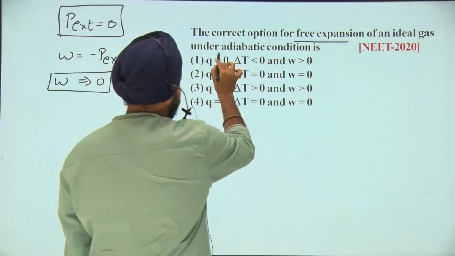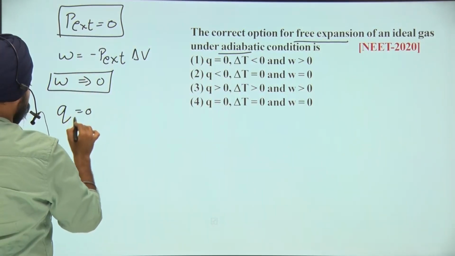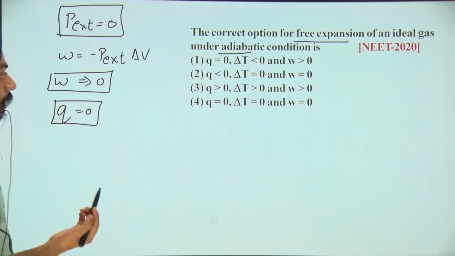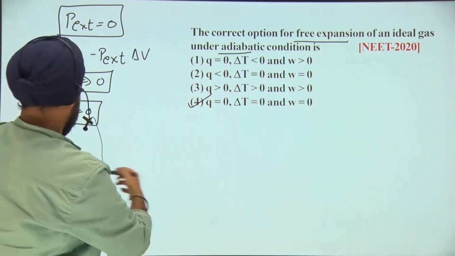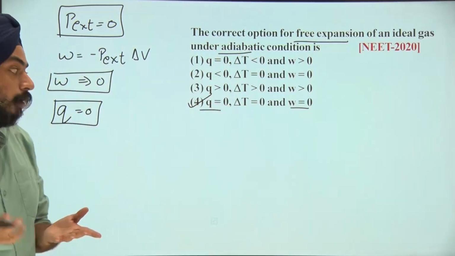We have been given adiabatic condition. Adiabatic condition means Q is equal to 0. Now Q is 0 and W is 0, so the correct option will obviously be option number 4.